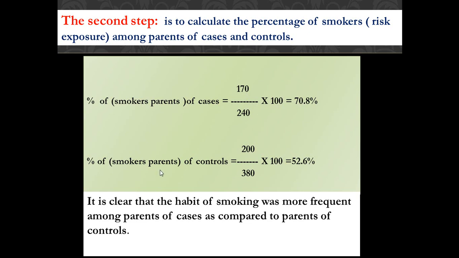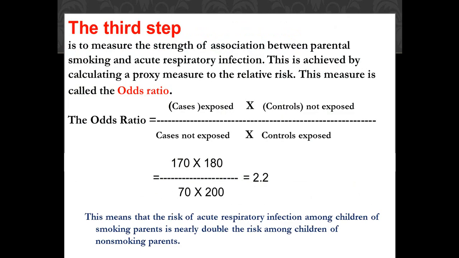And the smoker parents of control was 200 over 380, which is the total of the control. Sorry, the control, they are not patients. And the result was 52.6. So it is clear that here the habit of smoking was more frequent among those of cases than the control.